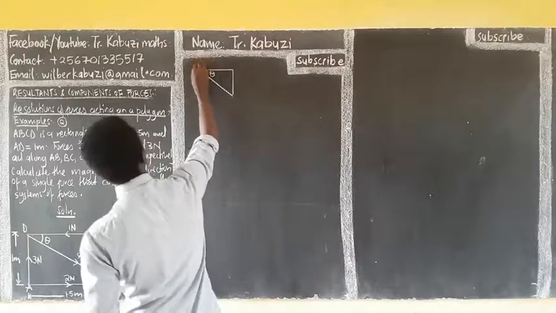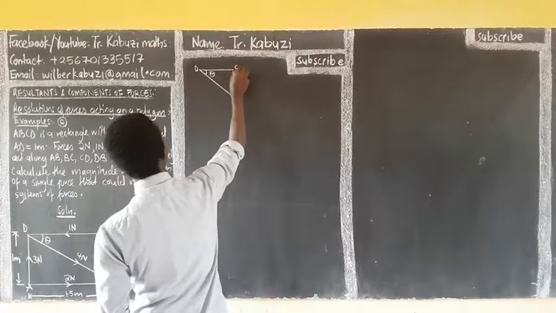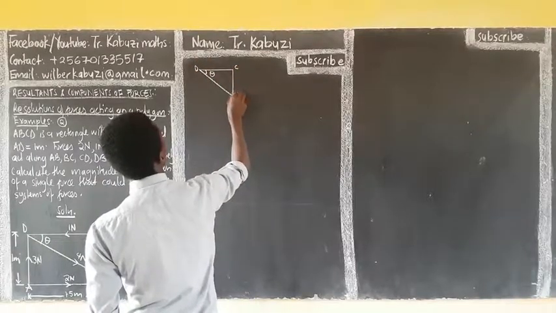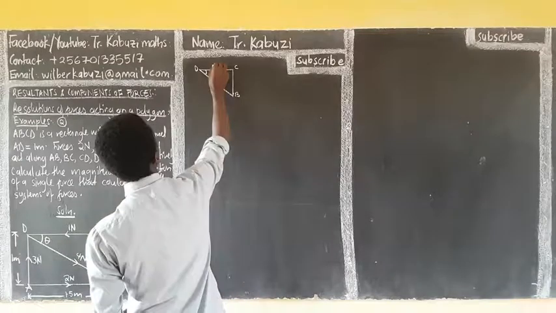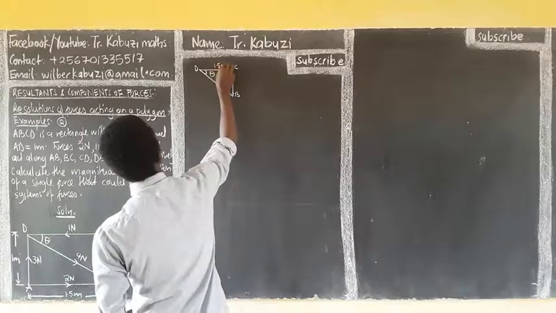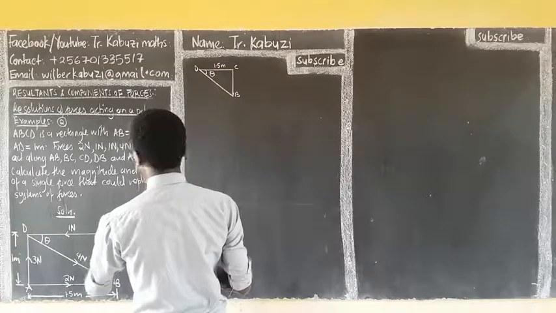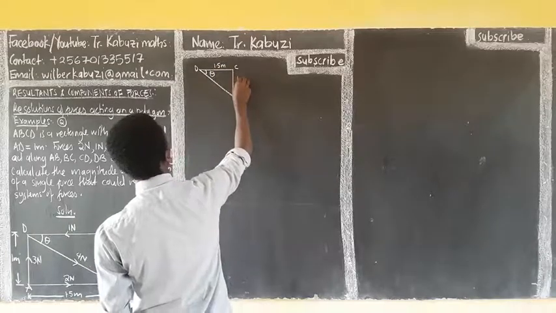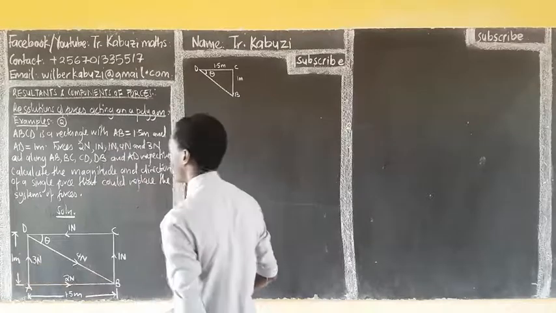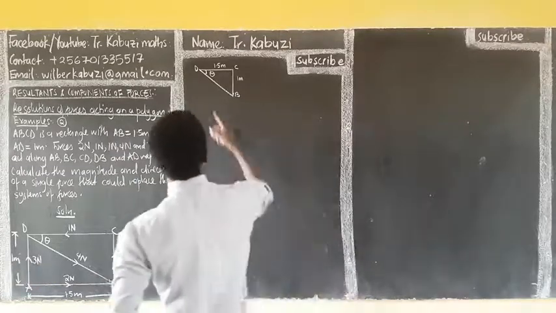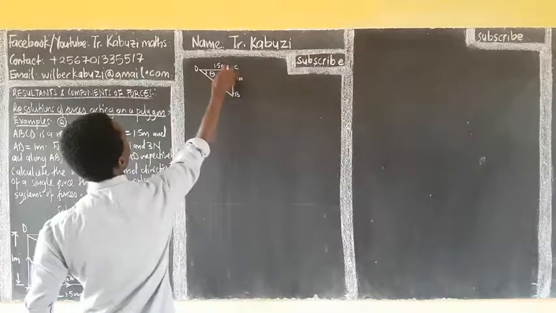This is going to be D, C, B. Remember, if this is the rectangle, this side is equal to this, so this is going to be 1.5 meters. And this one is going to be 1 meter, because this side is equal to that side. So there, what do we have?